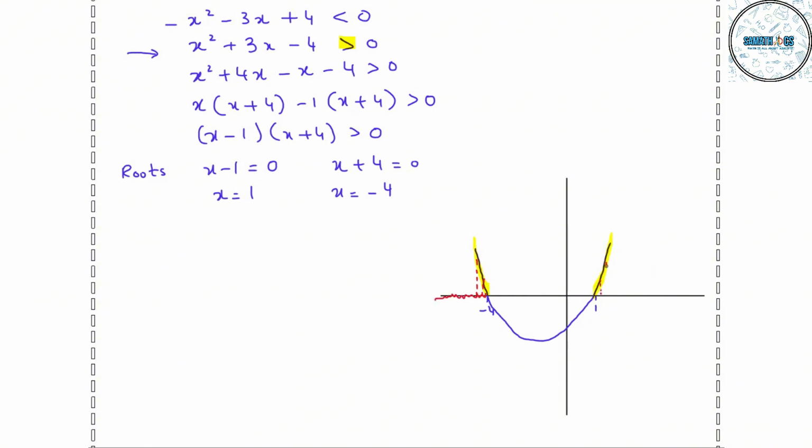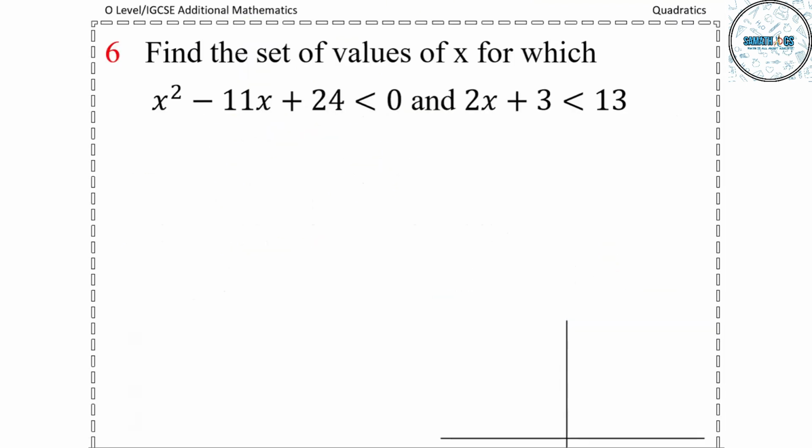On this part of the curve, the values of x are greater than 1. So we will write the inequality as x is less than minus 4 or x is greater than 1.